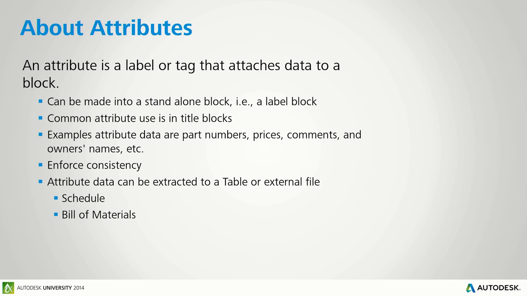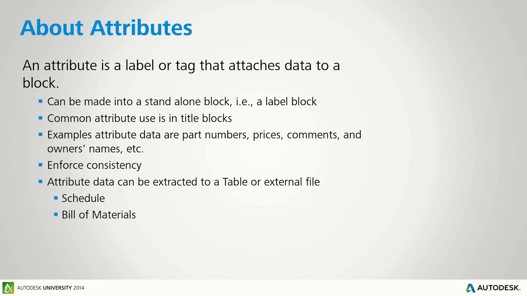This could be a catalog number, the cost associated with that part, or who the manufacturer is. The end user, when working with a block that has attribute data attached to it, can change the value or input a new value, or the values can be predefined as a constant value, and that information will be ready to view in the drawing.